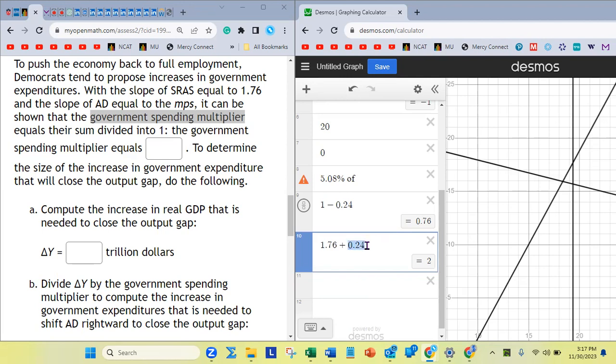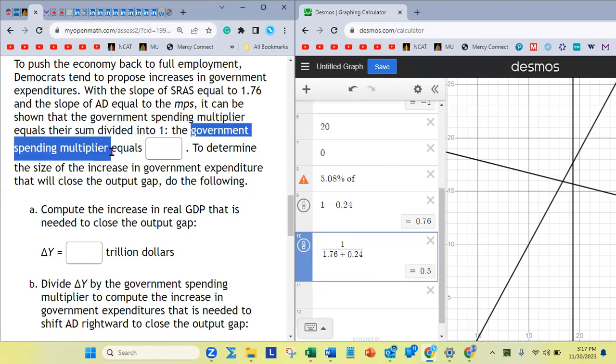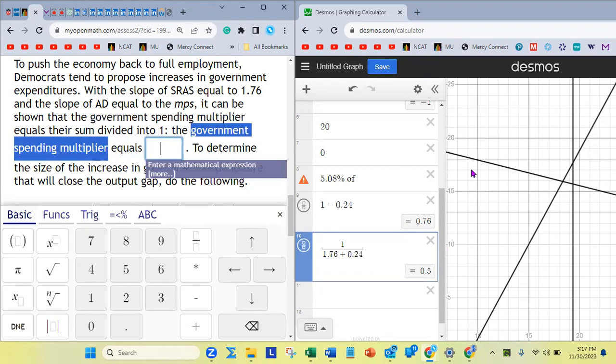I get 2 when I add those together, but I have to divide them into 1. So when I divide them into 1, I get a government spending multiplier equal to 0.5.